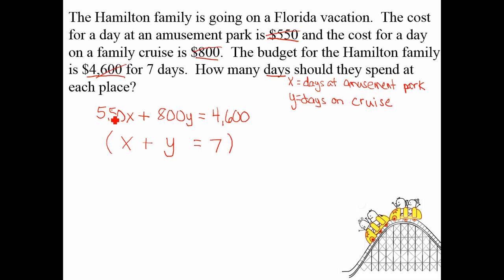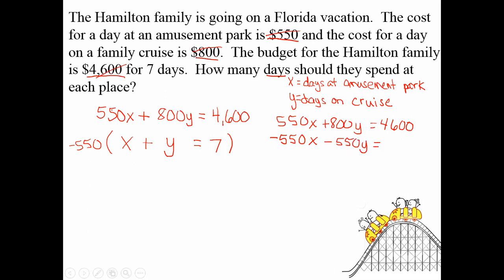Noticing that I have a 550 in front of the x on top of my first line there, we'll go ahead and multiply by negative 550. So the top one's going to stay 550x plus 800y equals 4,600. And then we'd have negative 550x, negative 550y, and then 7 times 550 would be negative 3,850.